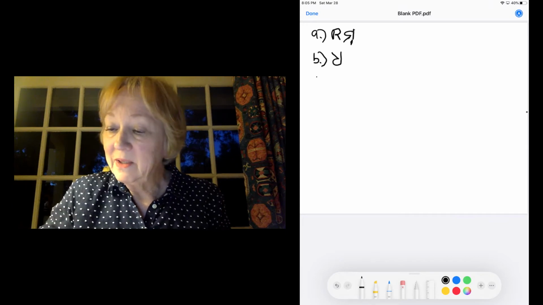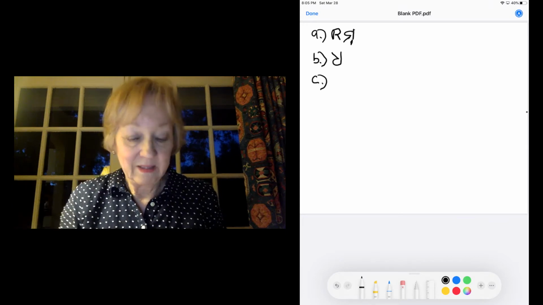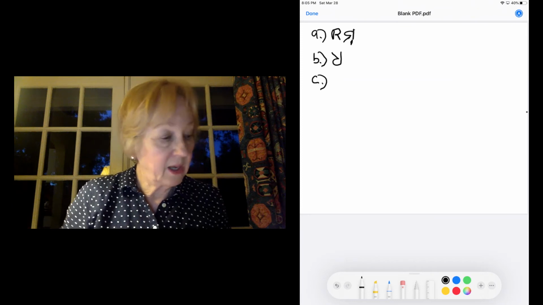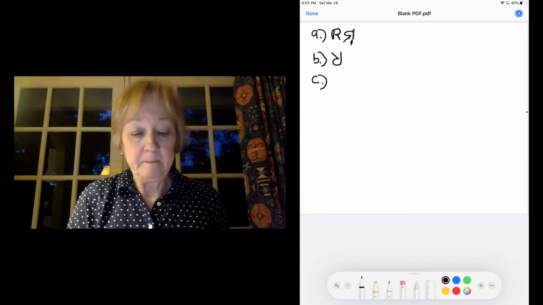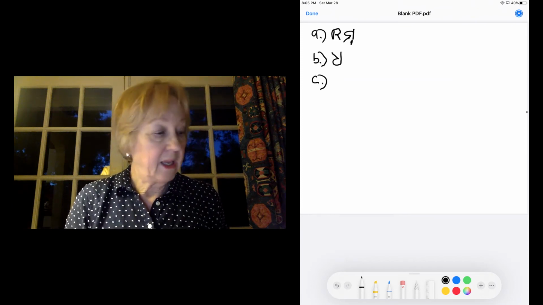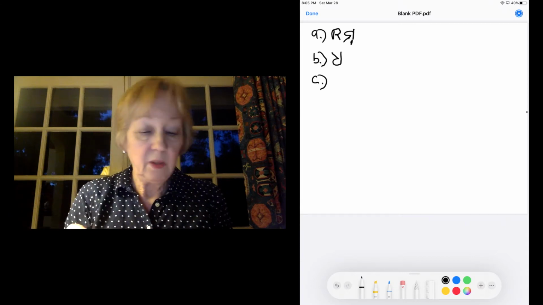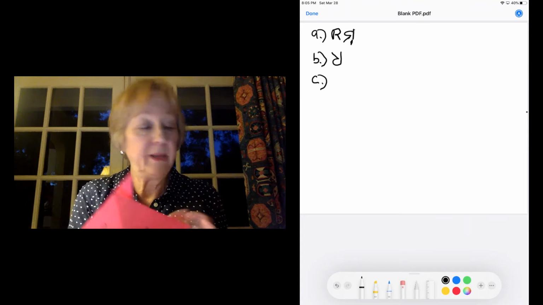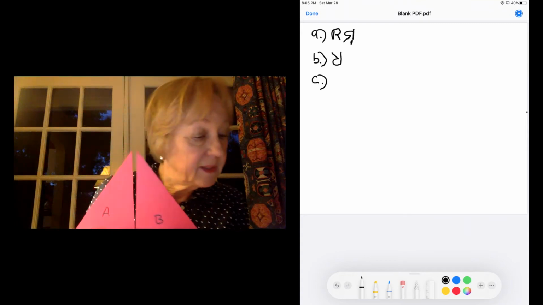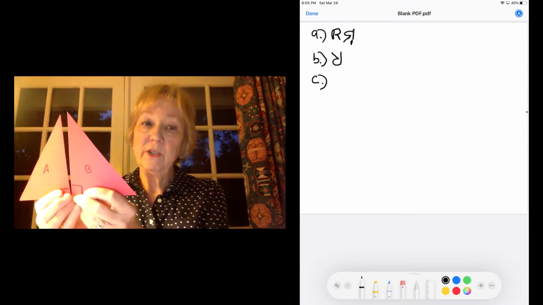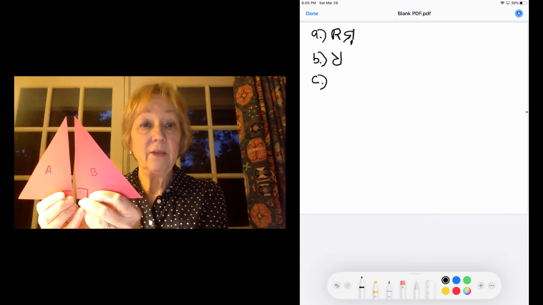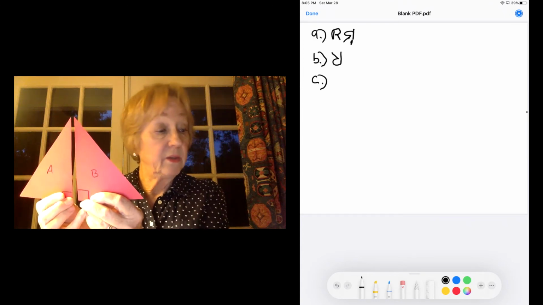Okay, then let's look at C. C tells us we have triangle A and B. Oh, I have triangle A and B. Let me use those. Okay, triangle A and triangle B. And they said, what could we do to position triangle A and triangle B on top of each other?